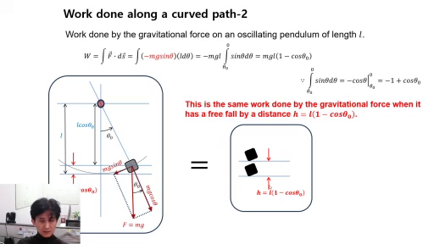So regardless of the path, as long as the height difference is the same, the kinetic energy or the work done by the gravitational force is identical. That's the thing I'd like to mention. So that's the extra content related to the work and the force generating the work. That's about it.